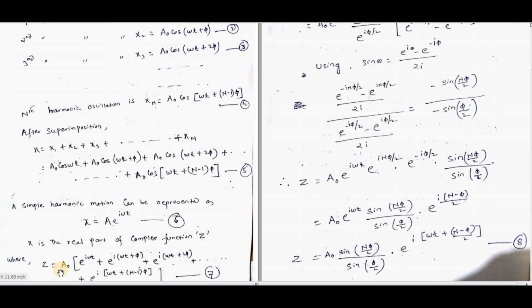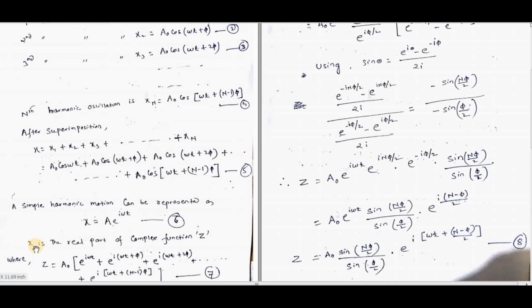Now z can be represented as a0 e to the power i omega t plus e to the power i omega t plus phi, plus e to the power i omega t plus twice phi. See, the complex function is z, and the displacement is represented by the real part of this complex function z.